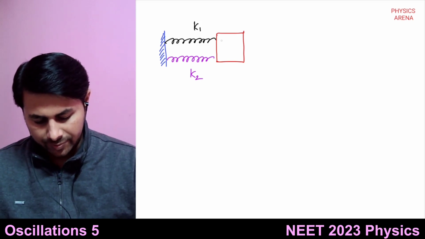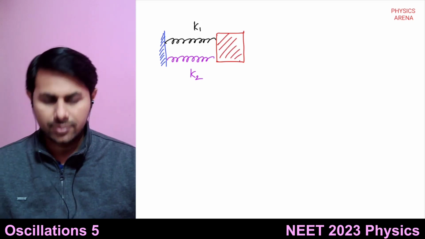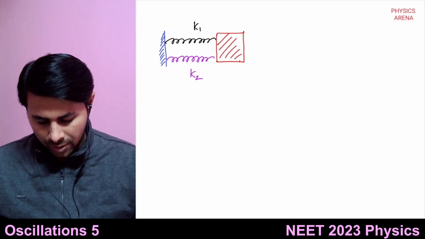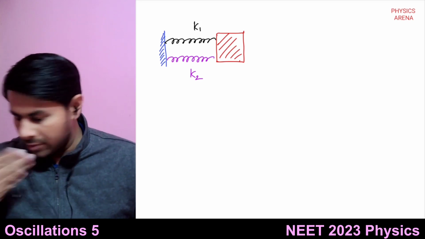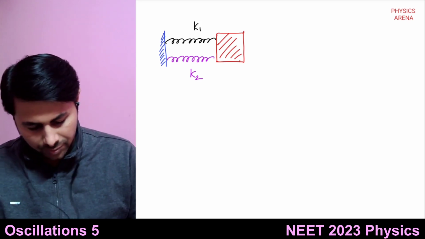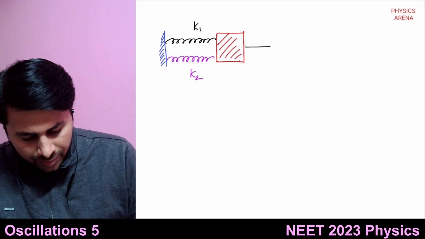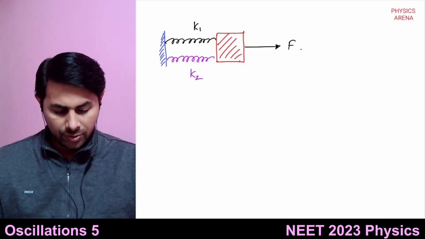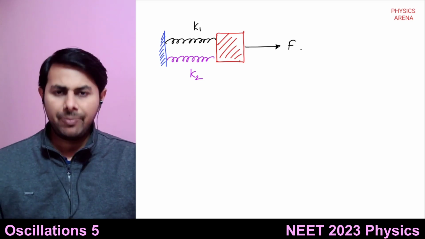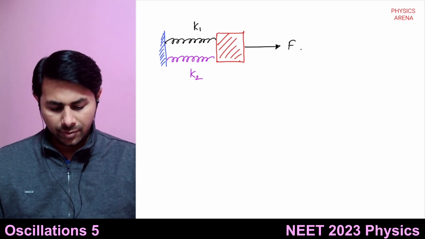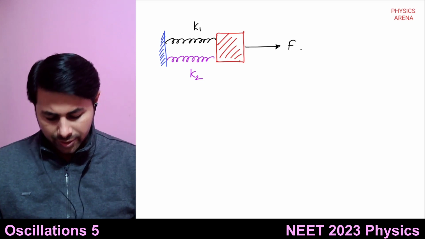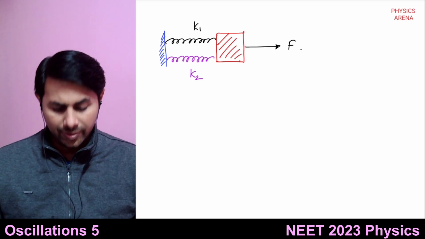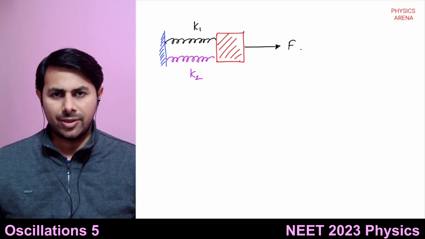So now what happens? You apply some external force F. So this F can be written as what? There will be some force acting on the first spring and some force acting on the second spring.